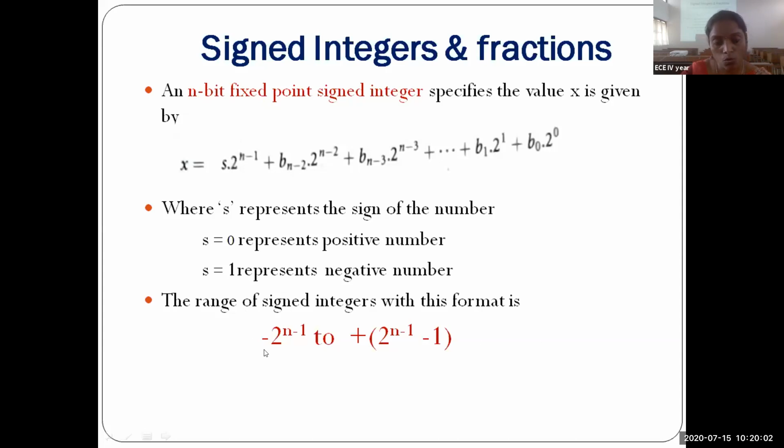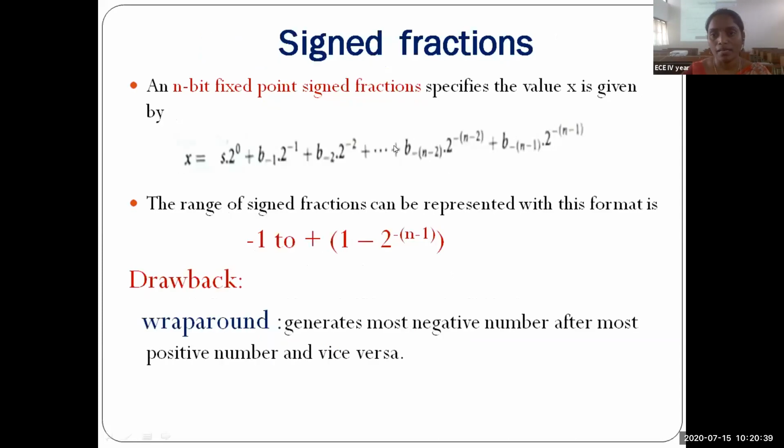You have poll questions as well as an assessment based on this topic, so note down the range of signed numbers: minus 2 power n minus 1 to 2 power n minus 1 minus 1. Completed.